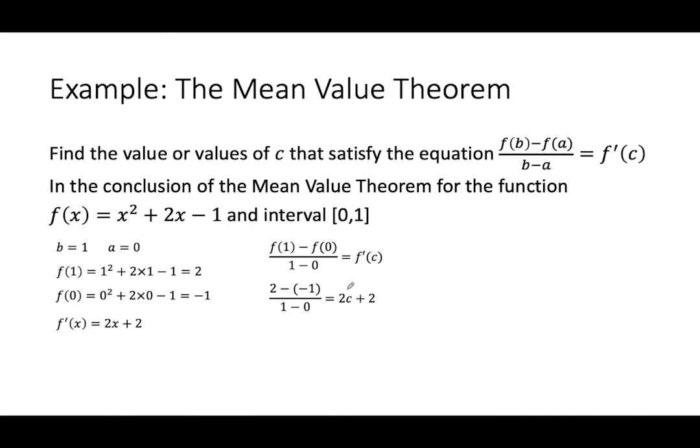And f prime of c, we write c in the derivative function instead of x. It will be equal to 2c plus 2. If we solve, we get 3 equals 2c plus 2, and from here c will be equal to 1 over 2. We have found the value of c, which is in the given interval and satisfies this equation.